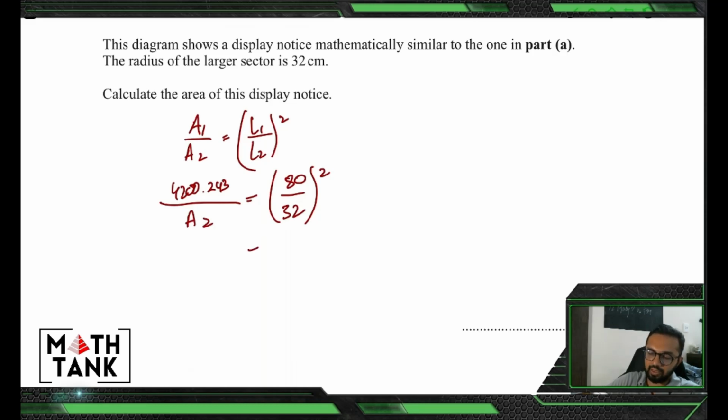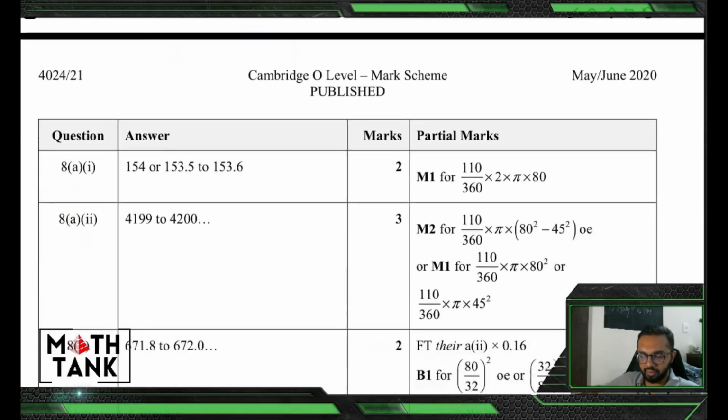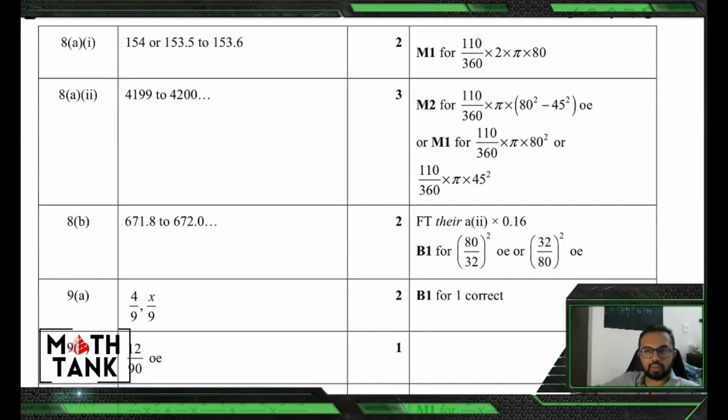So I've just shuffled around and said 4200.243 divided by 80 over 32 squared. So A2 is coming out to be 672. If I am more precise, 672.0388. So that comes out to be 672. Yes, that is the correct answer.